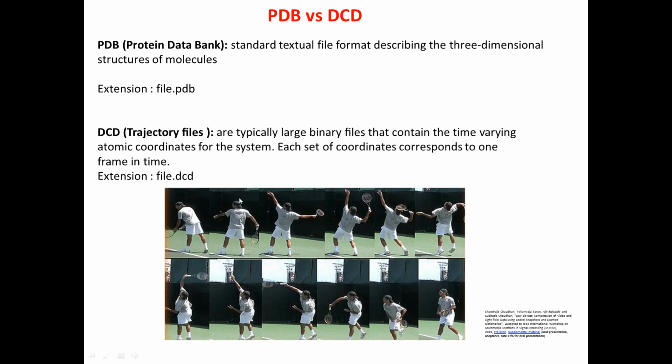So the idea is like you take a photo of this guy while playing tennis, so this is the crystal structure PDB file, just one frame. Later you go to molecular dynamics simulation tools like NAMD or GROMACS, and you load your structure and different parameter files and force fields and whatever you need for the simulation, and you start your simulation.